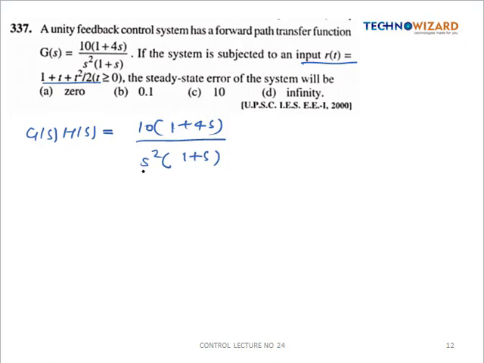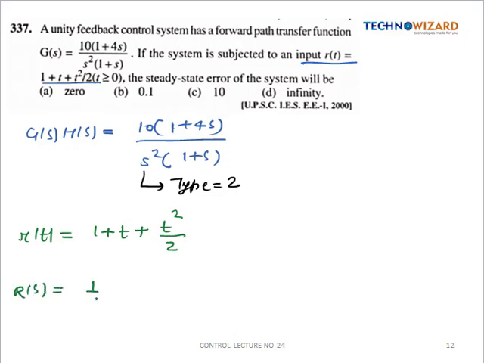So the type of this system is type 2. If it is type 2, the error will exist for the parabolic input. The input is r(t) given by 1 plus t plus t square by 2, so let us take the Laplace.